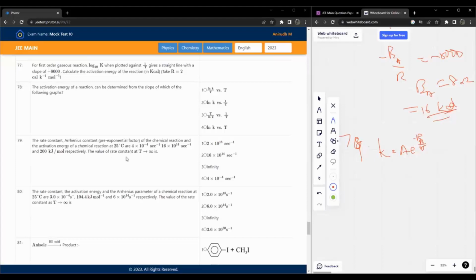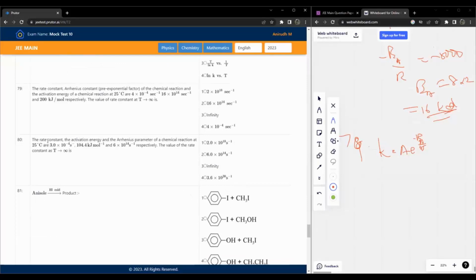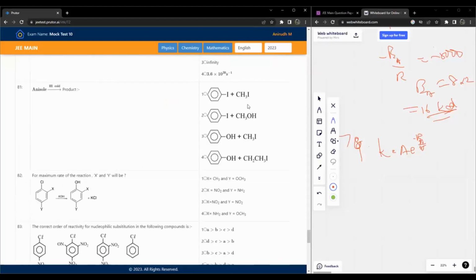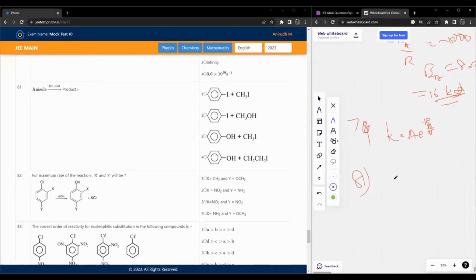So the value of rate constant tends to 16 into 10 power 14. Again, the Arrhenius parameter is 6 into 10 power 14, so the rate constant as T tends to infinity is 6 into 10 power 14, same as above.